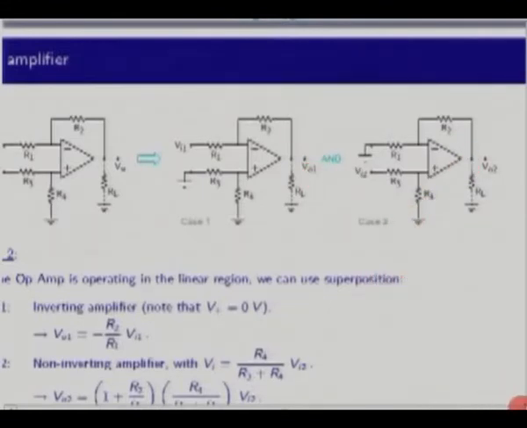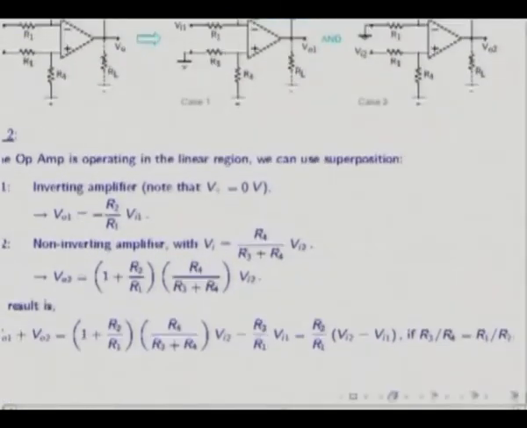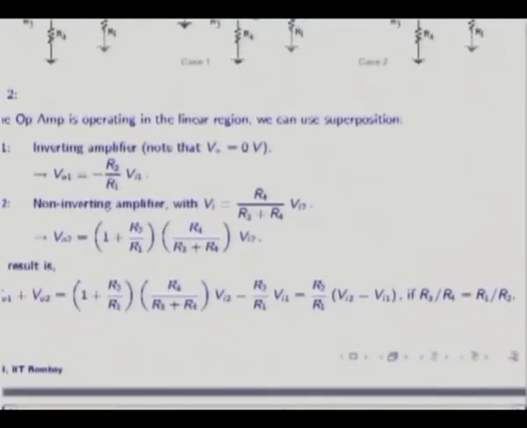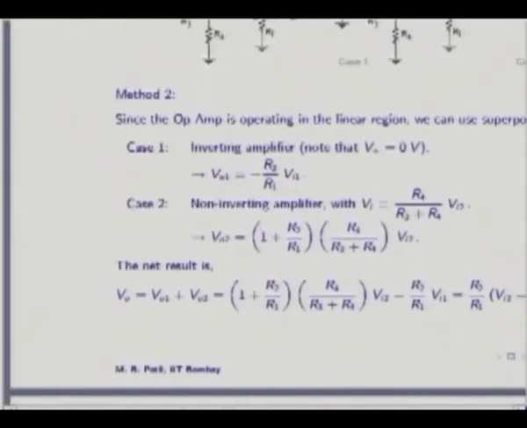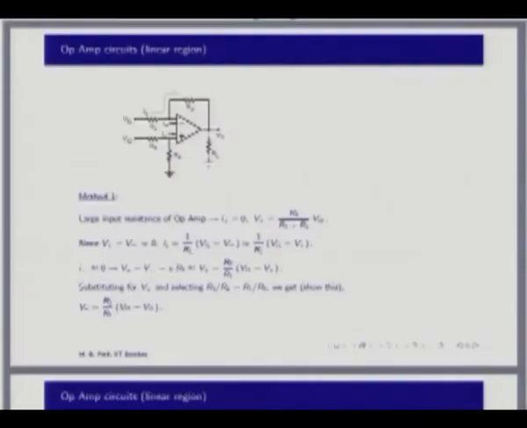So that is another way of doing this, and you can look at the details later. It just gives the student some confidence that superposition and all these things actually work in practice and are useful. Okay, let's go to the next slide. So this is something that Professor Sharma was anyway doing yesterday, R2 by R1 times Vi2 minus Vi1.